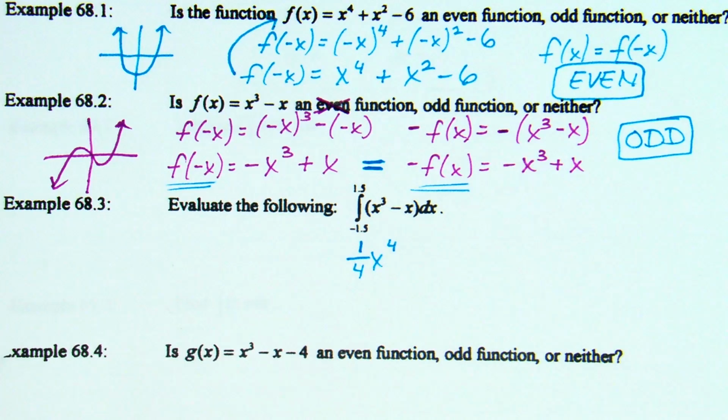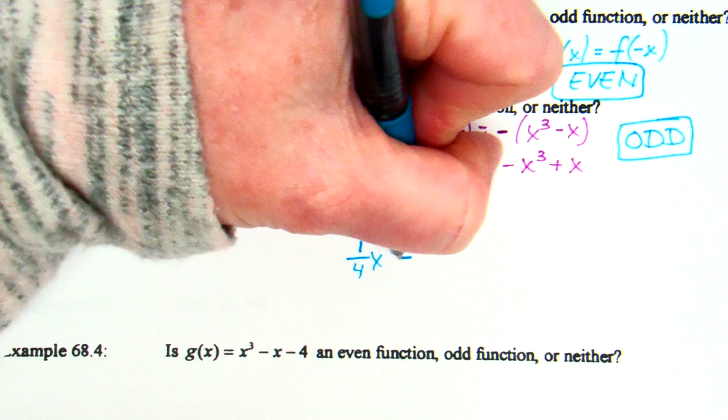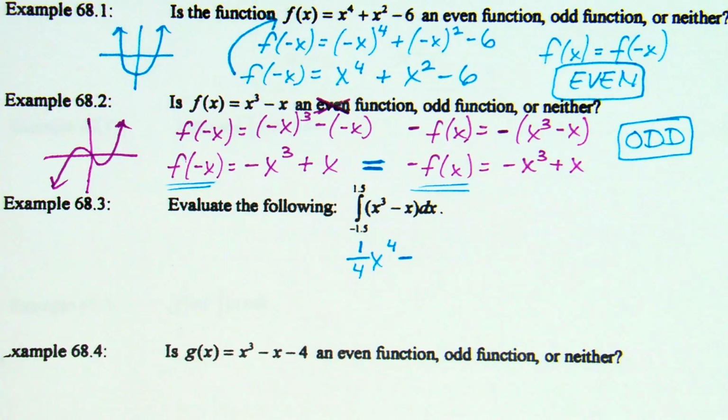Okay? I was already writing 1/4 x to the 4th. Oh, Wade says x to the 4th over 4. It's the same thing. Different people are different. I don't care what you write. Minus, what's the integral of x? Wade would say x squared over 2. Carly's going to say 1/2 x squared.